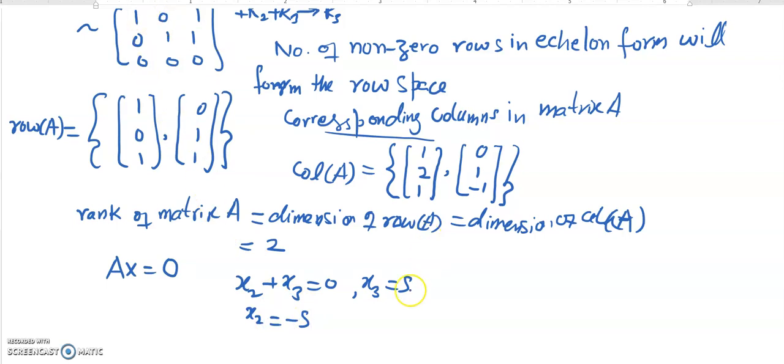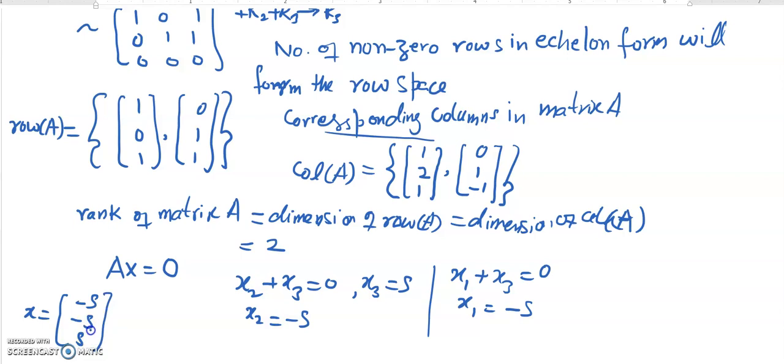And then from the first row, we get x1 plus x3 is equal to 0, so x1 will be equal to minus x3, so minus s. So the solution of x will be the matrix minus s, minus s, and s. If we take s as common, it will be minus 1, minus 1, and 1.